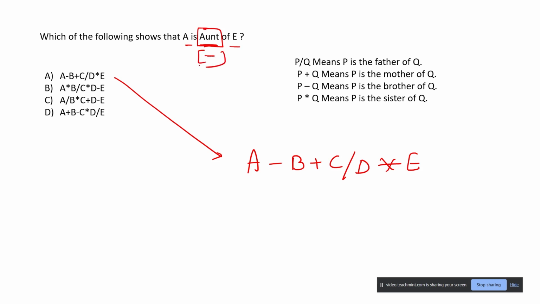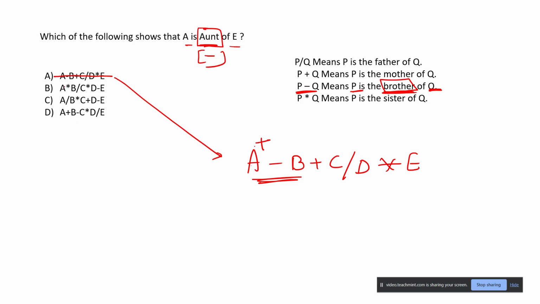That means I just need to check for the female options. Now see, A minus B means A is the brother of B. So brother means that A is a male person. So I can directly say this is not my answer. No need to solve the problem, because I want A to be an aunt. Aunt means A should be a female person, but I'm getting A as a male person. So I can directly eliminate that option, because I know for sure that can't be my answer.